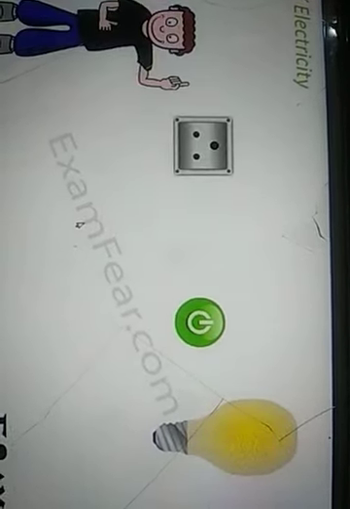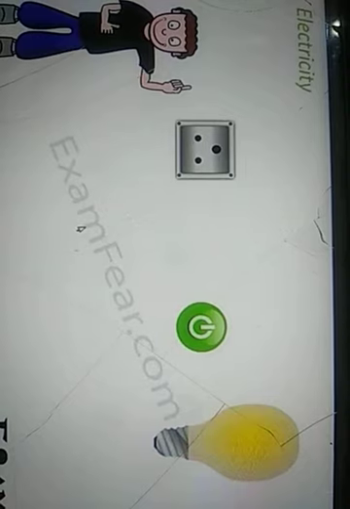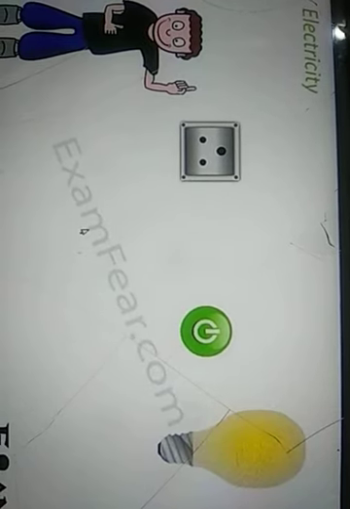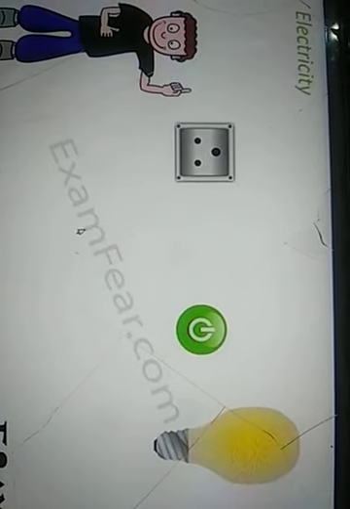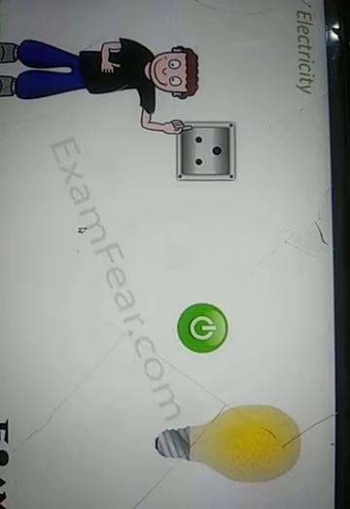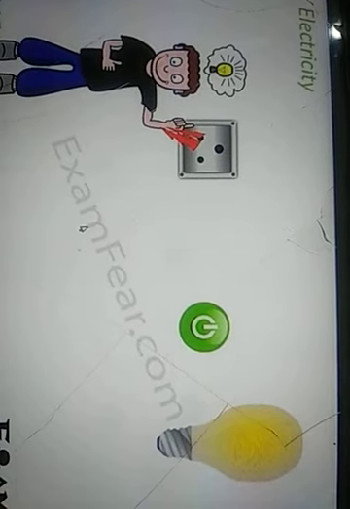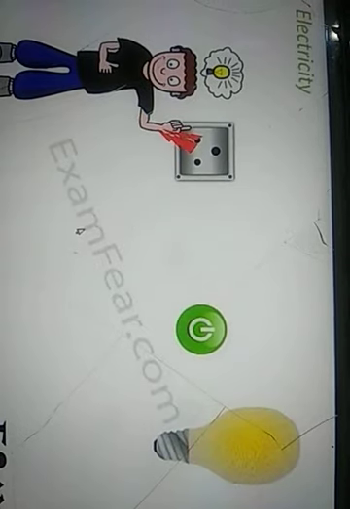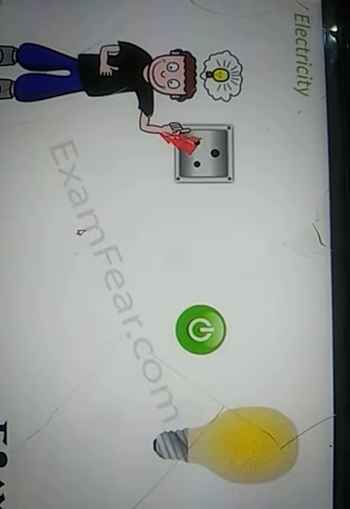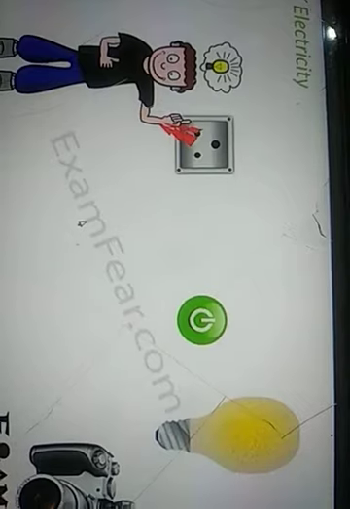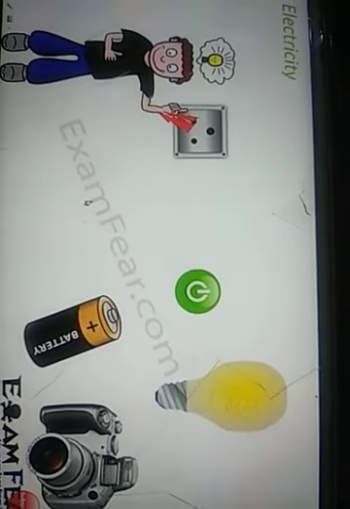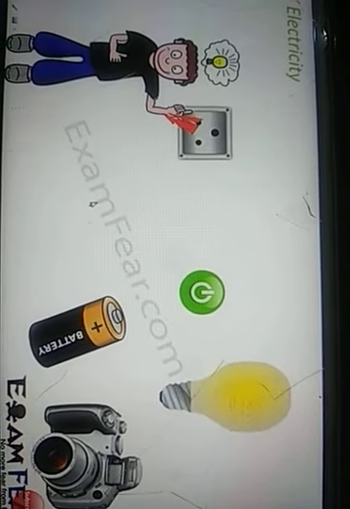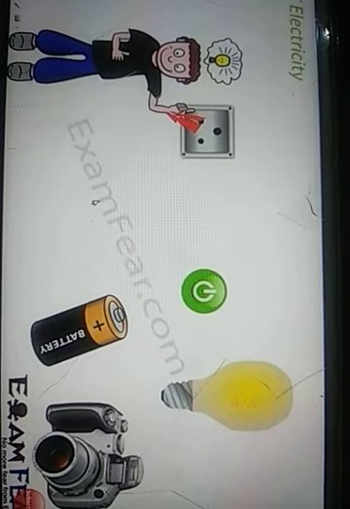Now think of this situation where you have an open socket like this, and if by mistake you go near and touch it, what happens? You experience an electric shock. Why do you experience electric shock? Because of electric current. Similarly, think of devices like a camera and the battery, one of the most important examples.